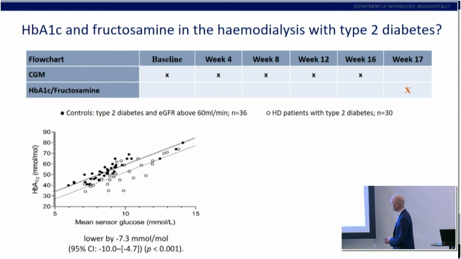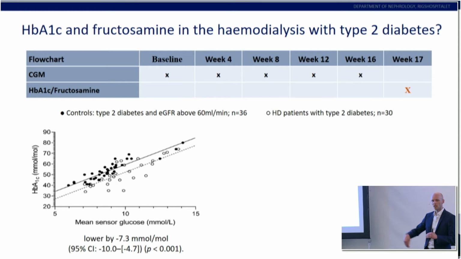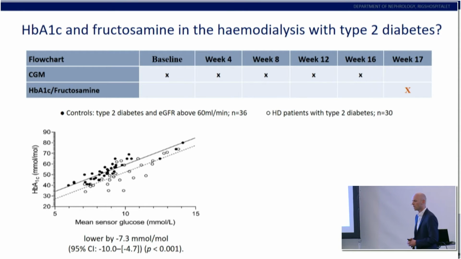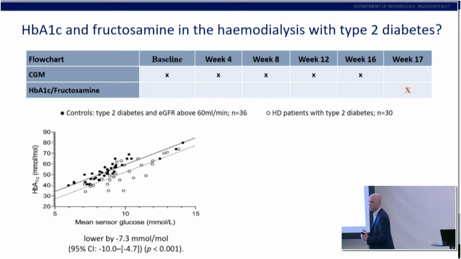And you can see if we have 10 in sensor glucose, they have a lower HbA1c in hemodialysis compared to the control subjects, and we found a mean difference of 7.3. So when they are on 40, maybe in real life they are on 47. So then you can ask, is that a clinically significant difference?